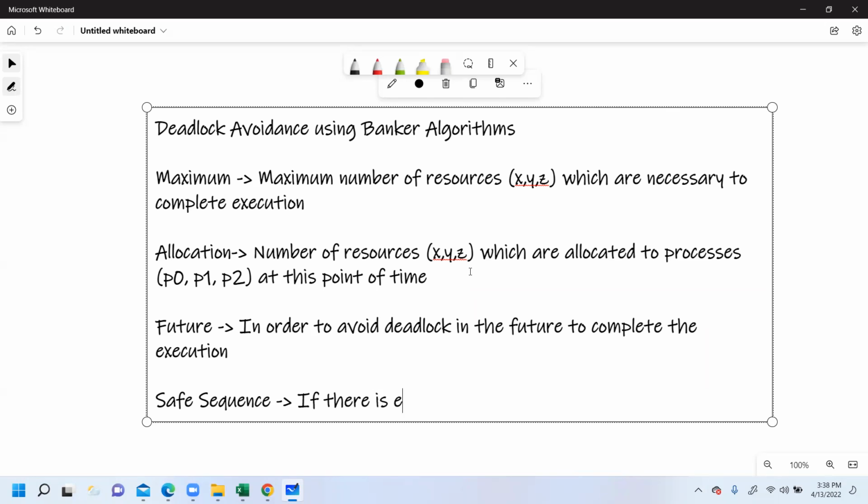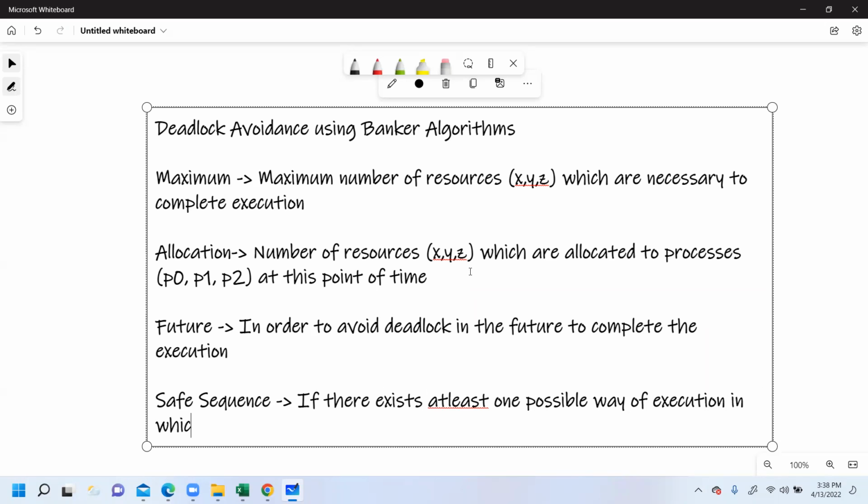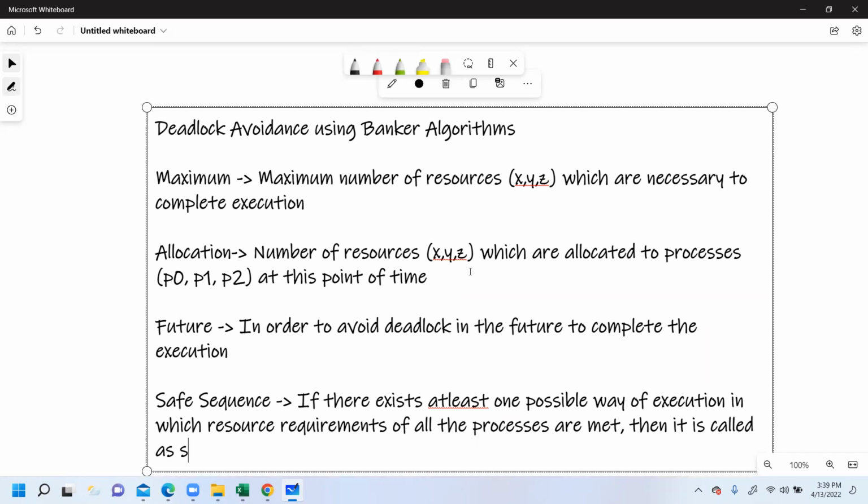If there exists at least one possible way of execution in which all the resource requirements, resource meaning here 3 resources in this particular case, of all the processes are met, then it is called a safe sequence.